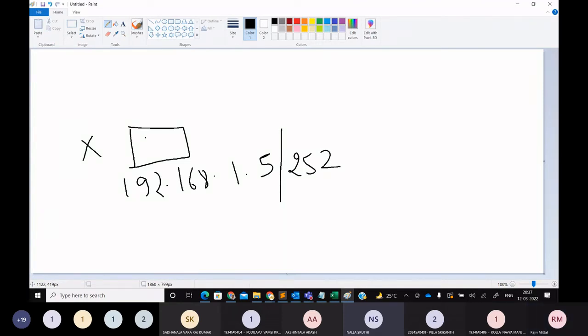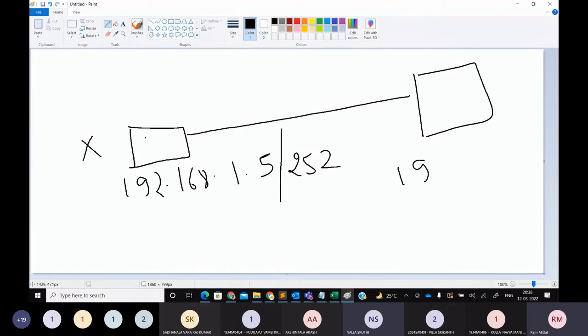Got my point? And this is connected with another laptop, whose IP is 192.168.1.1/30. This is Mr. Y. You understand the question?